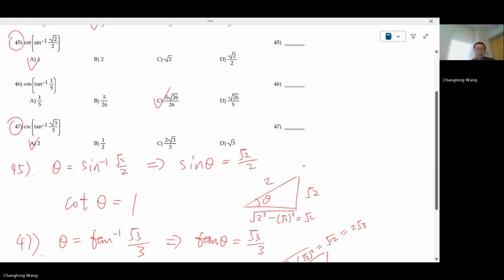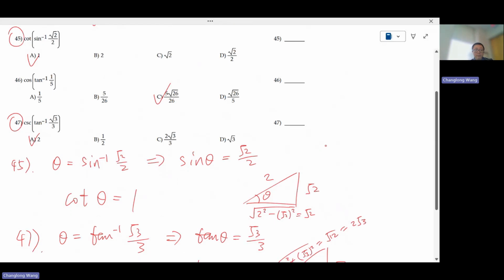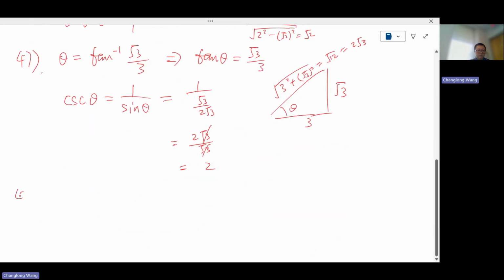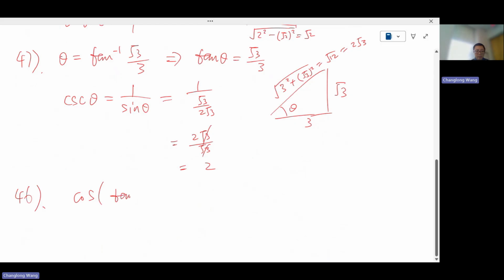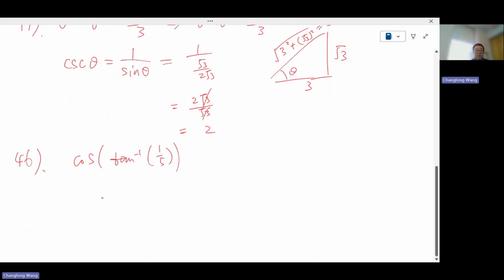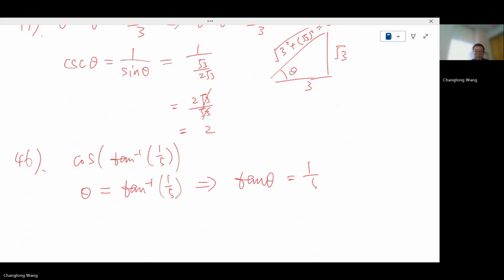46, let's take a look. All right, 46 is cosine of tangent inverse 1/5. So let's go ahead and set up theta equals tangent inverse of 1/5. And then you reverse it, you say tangent theta is 1/5. So now you're looking for cosine theta, right?